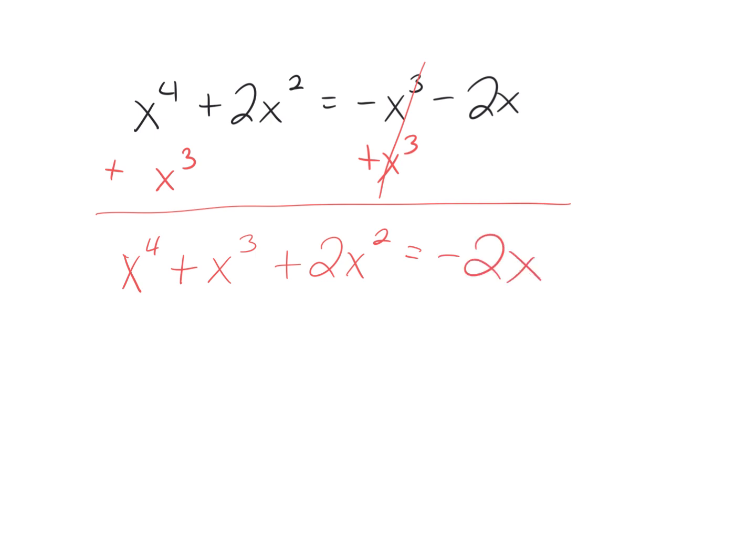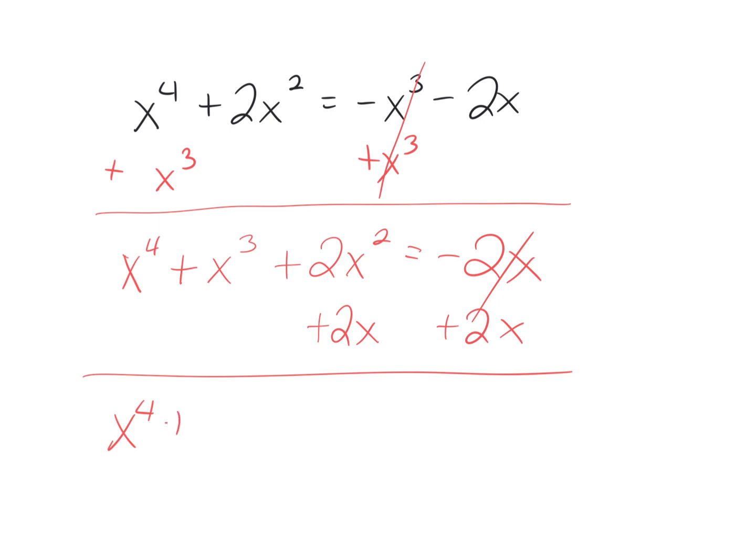Are we equal to 0 yet? Nope. What do I do next? Add the 2x. Does 2x have a like term? No. So where should it go? On the end, in standard form. Equals 0. Is that what we wanted?